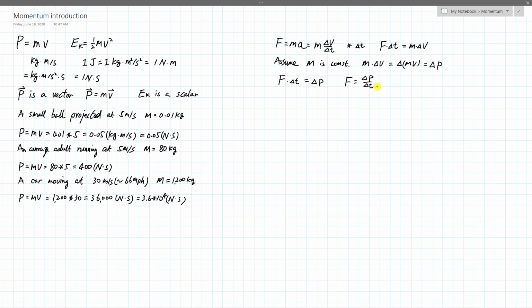This is the alternative format for Newton's second law. A net force changes momentum over time. In calculus, we also write dp over dt, but it really doesn't matter in our case, where we're able to use average changes and such small changes. So this is how momentum changes: you apply a force for a duration.